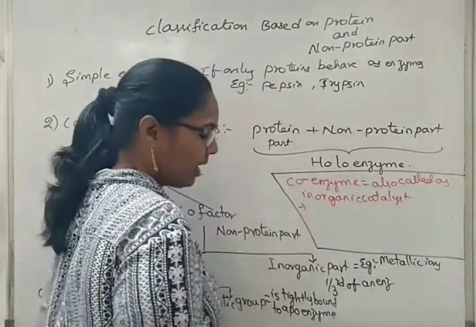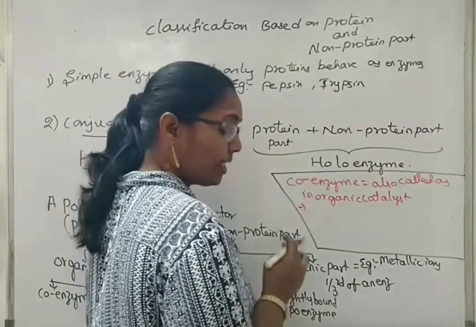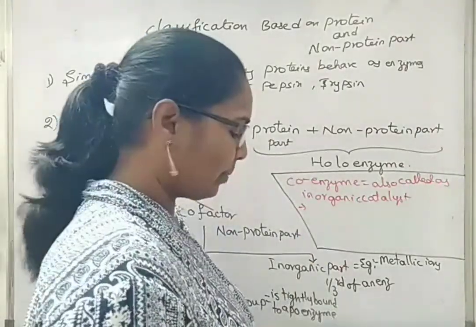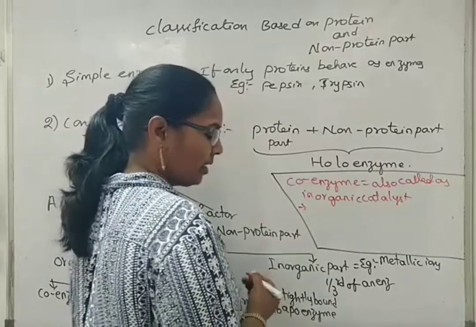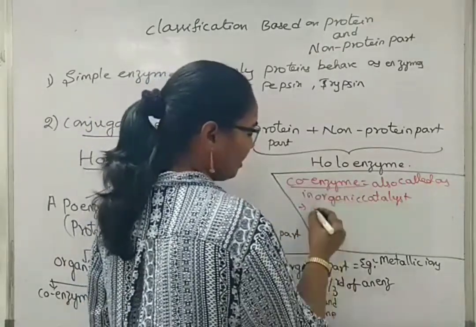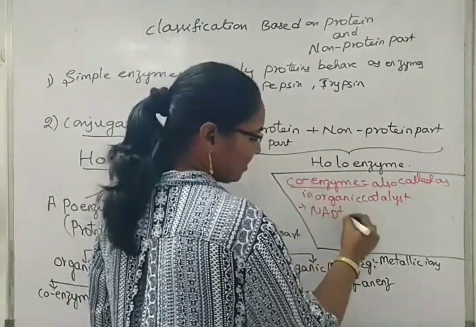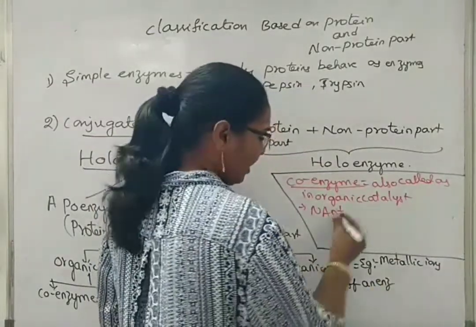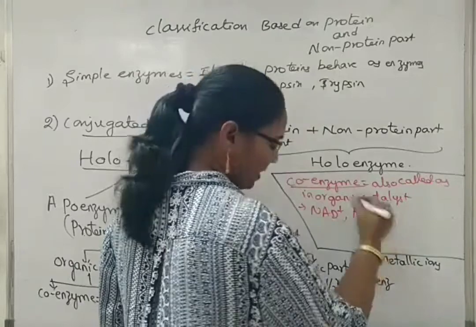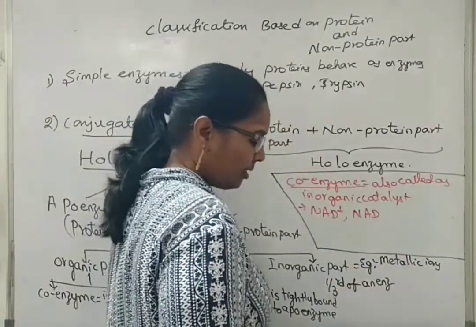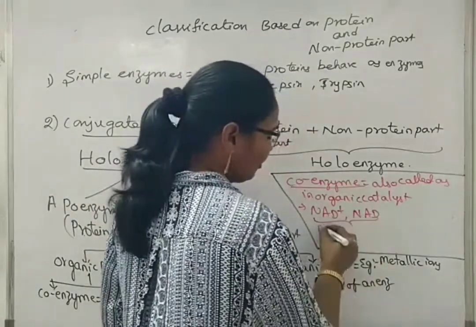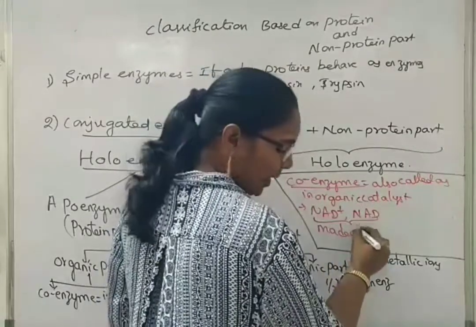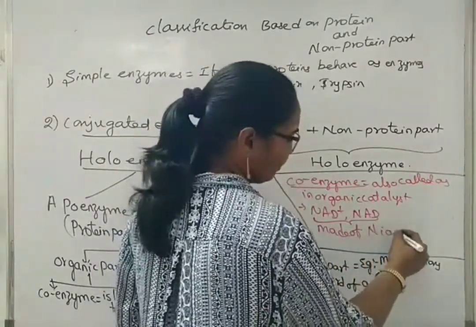One point. Another one, it is functional at high temperature, high pH, etc. Here examples under coenzymes are NAD+ and NADP, etc. These both are made of niacin.